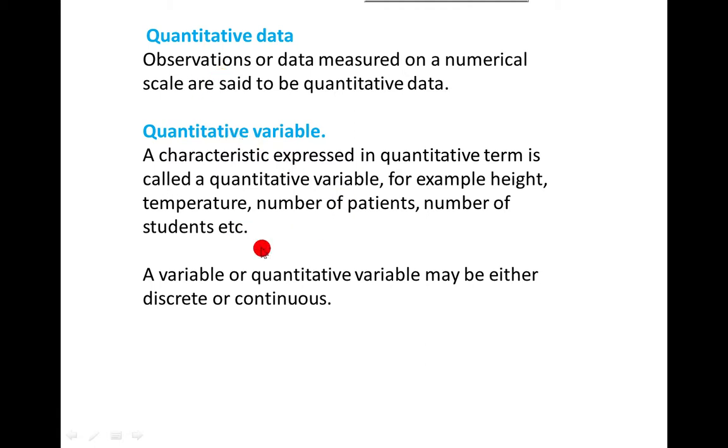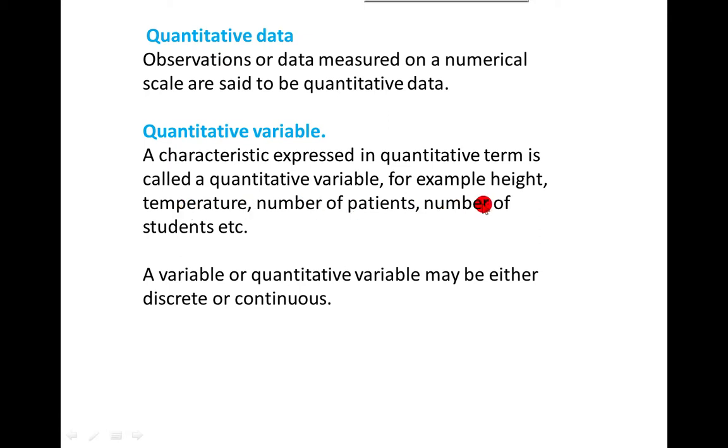Okay. Now this quantitative data or quantitative variable is classified into two ways. A quantitative variable may be either discrete or continuous. Discrete means discontinuous. Continuous means continuously increasing or decreasing. So in this quantitative variable, height and temperature increase or decrease continuously.